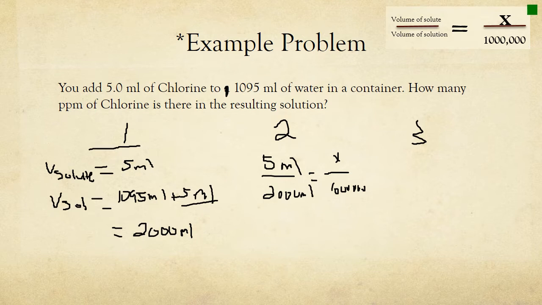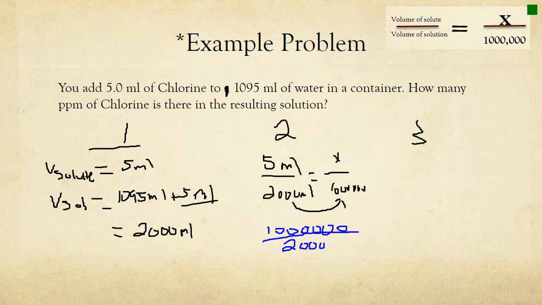Now I ask myself, how do I go from 2,000 to 1,000,000? If I do a quick calculation and take 1,000,000 divided by 2,000, I get the factor of 500.